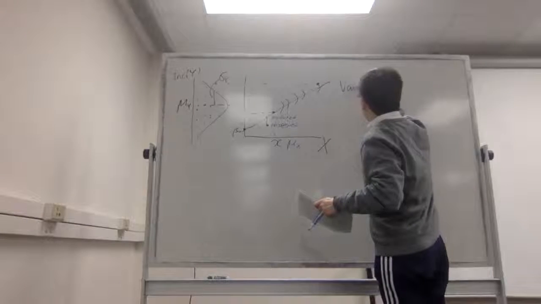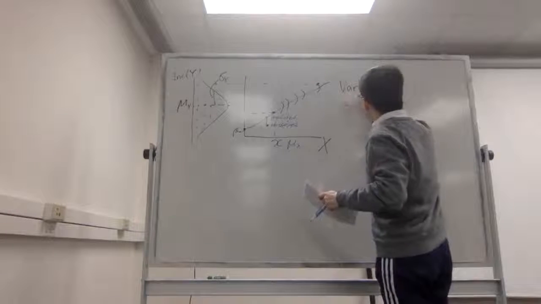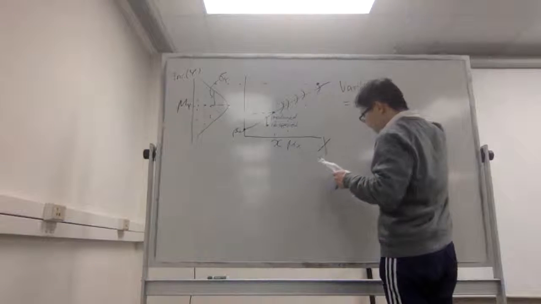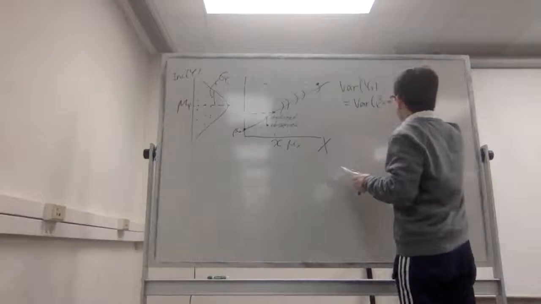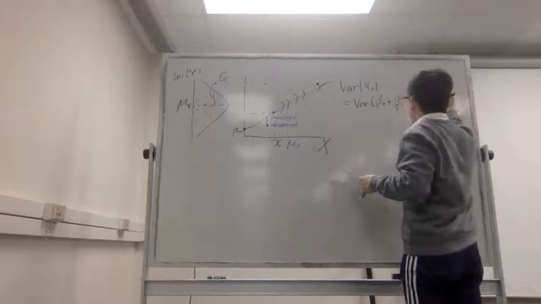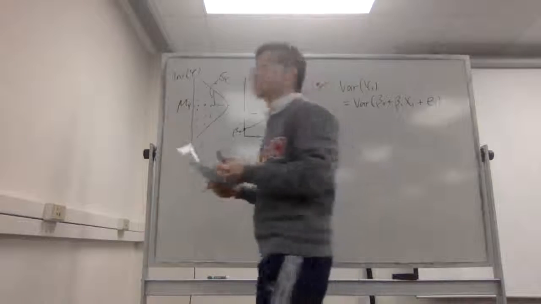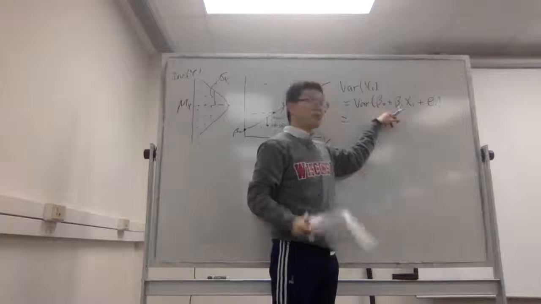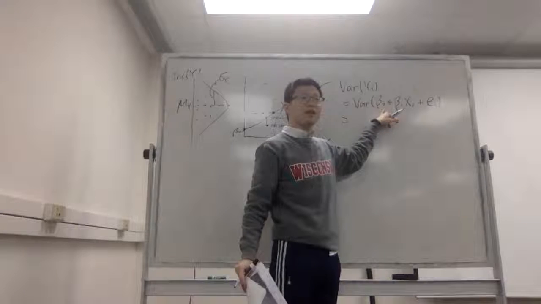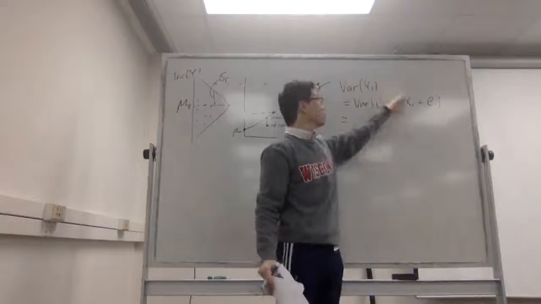And the variance of yi would be the variance of beta 0 plus beta 1 xi plus ei, right? So beta 0 is a number, so it doesn't have any variance, so you can ignore this part.